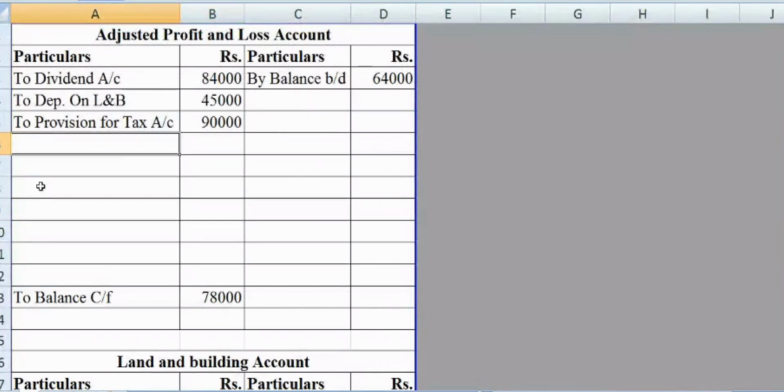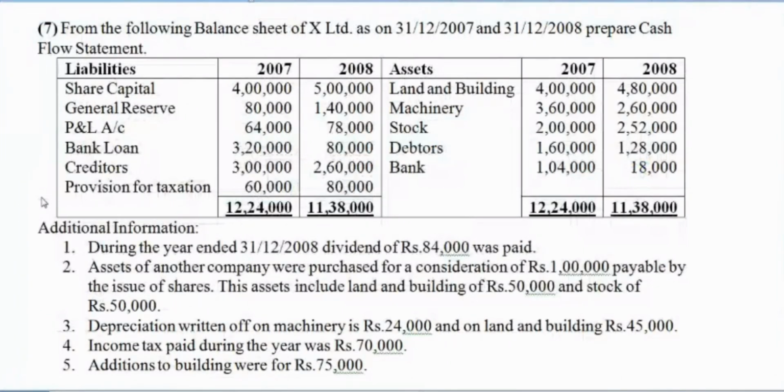Debit side of adjusted profit and loss account, to general reserve account, the amount 60,000 difference.